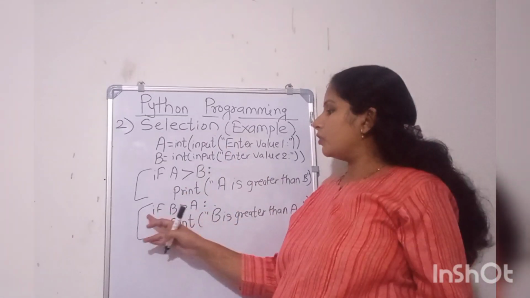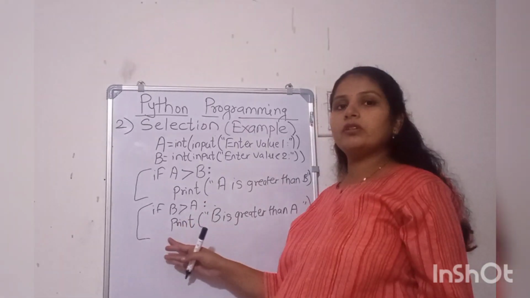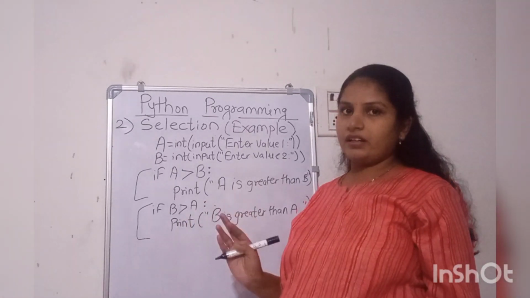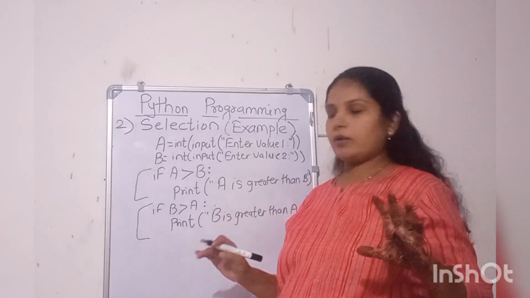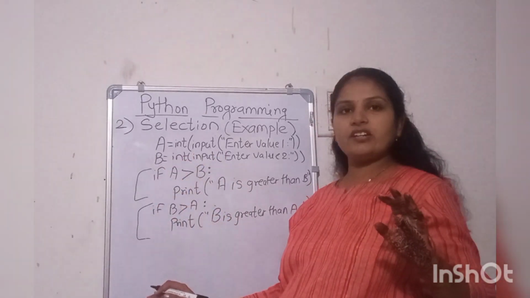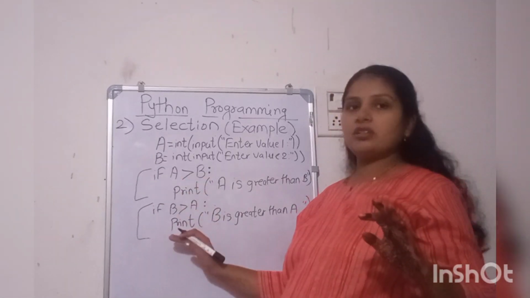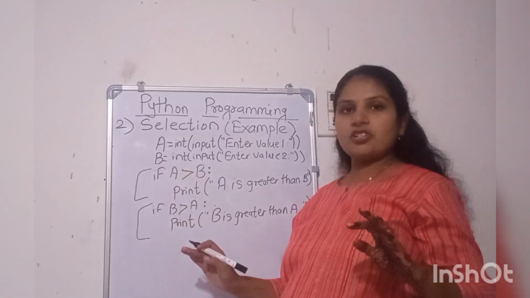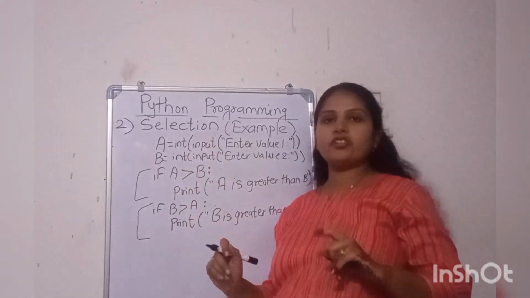Then you check the second condition, but it is false, so you do not print it. This is your basic if statement. You can put as many conditions as you want here, and then take the action depending on the conditions. So this is the first type of selection statement.